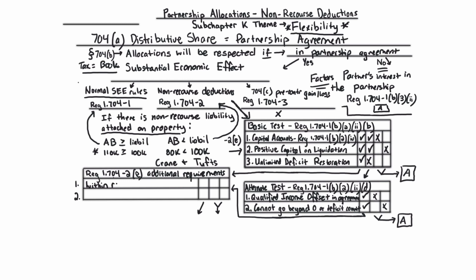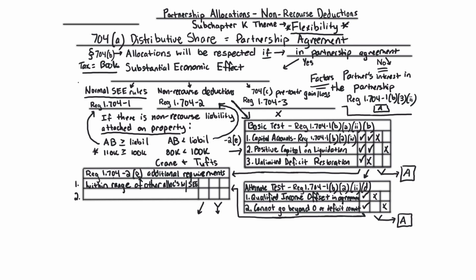So we're keeping with that idea. The first thing is that the allocation of the non-recourse deduction is within range of other allocations with respect to the partnership agreement that have substantial economic effect at any time. At any time is the key. It doesn't have to be this year or that year.